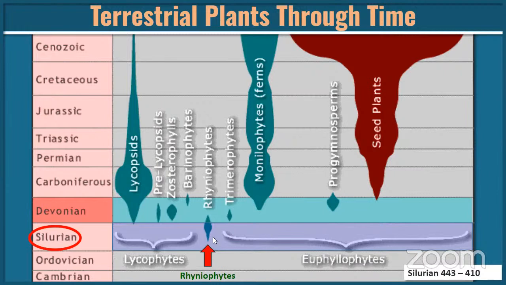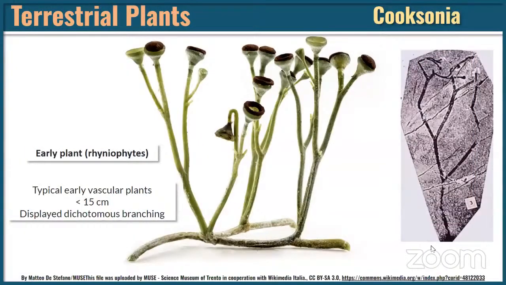Our earliest group that we can see on this map are the Rhyniophytes. This is a particularly ancient group of plants. Here's a depiction of something like an early Rhyniophyte. These would have been some of the early vascular plants.